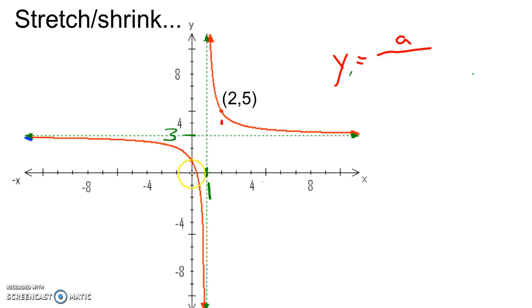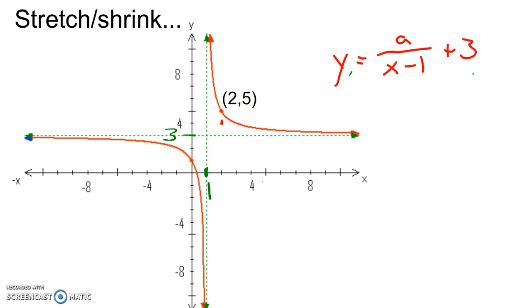Since this from the parent function moved right 1 and up 3, I know that this is x minus 1 for right 1, and up 3 is +3. Now, if I knew a value for x and y, I could use it because then A would be the only unknown variable, and I could figure out what the value of A was. But I do know an x and a y. They give me a 0.25.